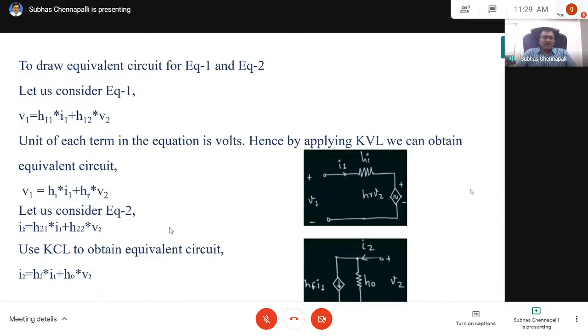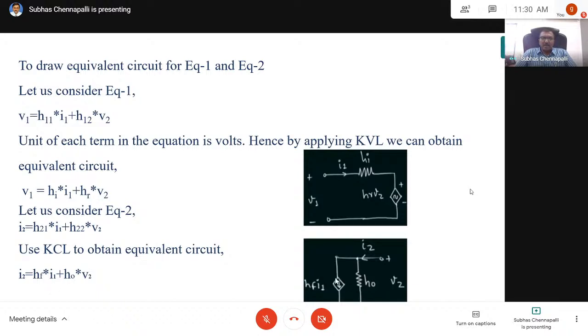Then the other equation, I2 is equal to H21 I1 plus H22 V2. I can model this equation like this. I will replace this parameter with the specific parameter: it is equal to HF times I1. HF is a constant, so HF I1 is a current.